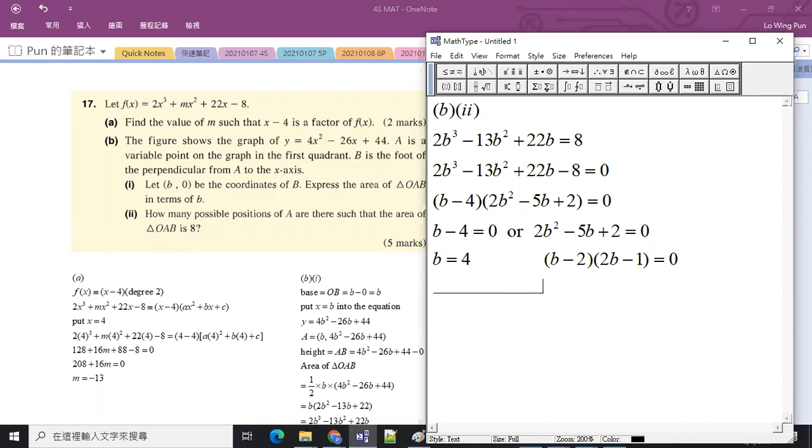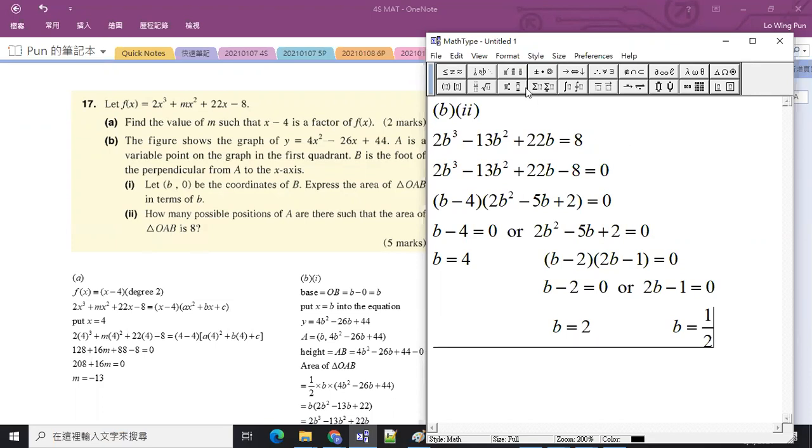Then I further split them into 2 parts. Okay, and then I have another 2 answers. Can you get this? So the question asks you how many possible positions of A.